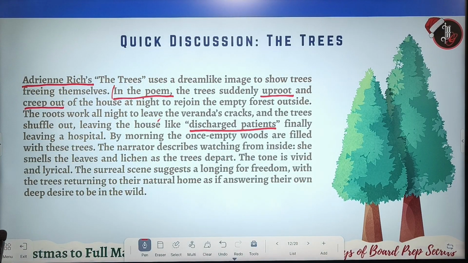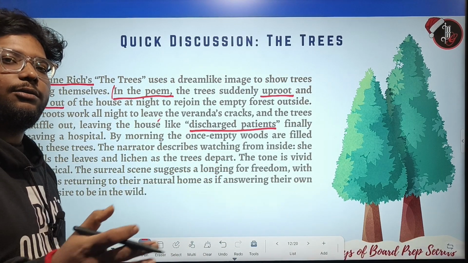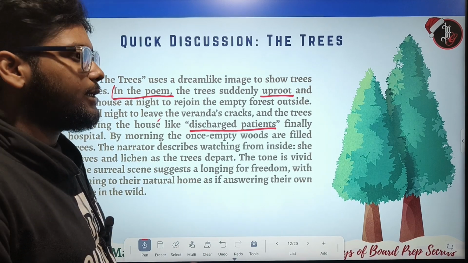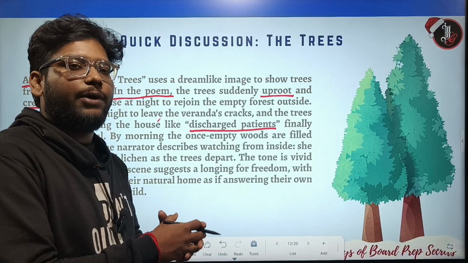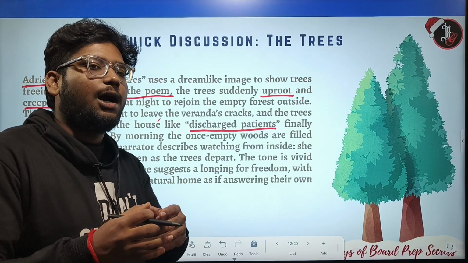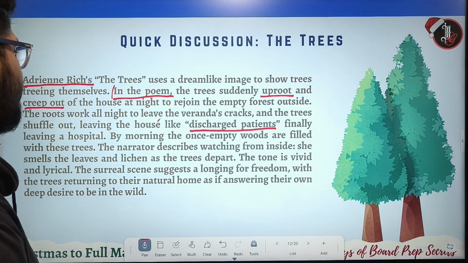We all know how discharged patients move out of the hospital and how the hospital bed looks. That's a similar situation to how the veranda, or the house, looked when every single tree was creeping out of the house to rejoin the forest again.